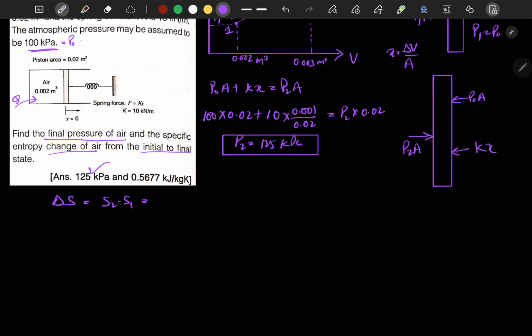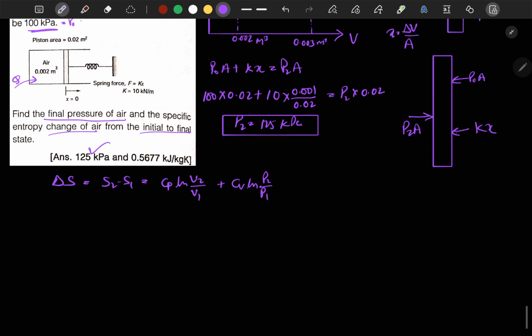We can write the change in entropy as Cp ln V2 by V1 plus Cv ln P2 by P1.